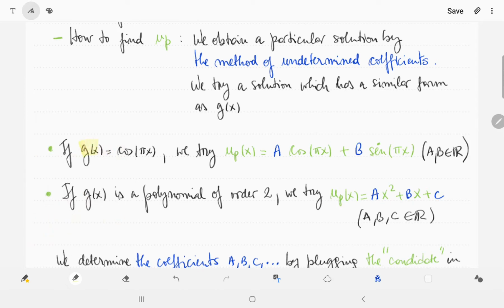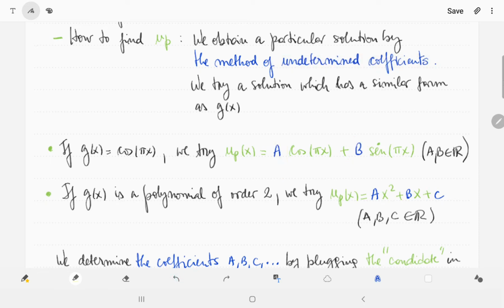A good candidate for a particular solution is this combination of cosine and sine, and these are the coefficients a and b that we have to determine. That's why the method is called undetermined coefficients.